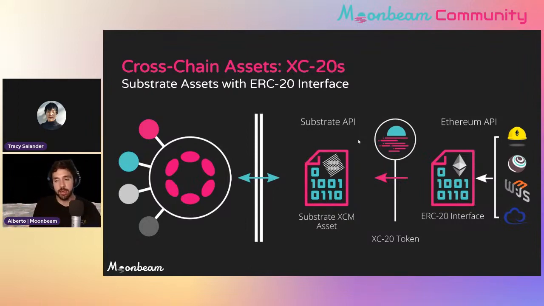Any ERC20 on Moonbeam can be sent via XCM to any Polkadot parachain, but it is also true the other way around. Any asset on parachains or Polkadot will live on Moonbeam like an ERC20. And this means that you can use anything in the Ethereum API, like Hardhat, Truffle, Web3.js, Ethers, Foundry, etc., to interact with these cross-chain assets.